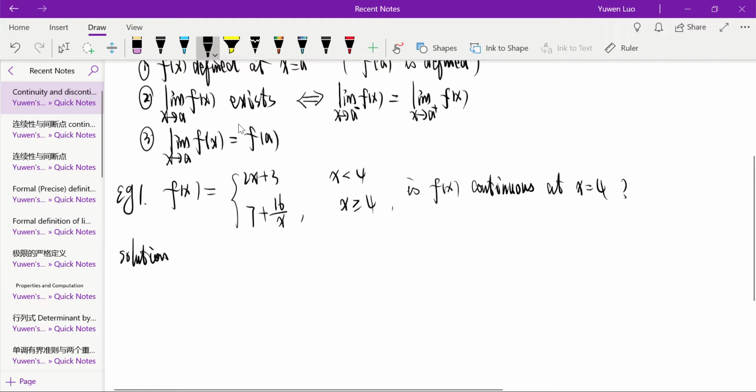If we want to determine if a function is continuous at one point, we have to compute the left limit and the right limit, because this function is a piecewise function. For other functions, maybe we just need to find the limit at that point. So for this function, we compute the left limit and the right limit.